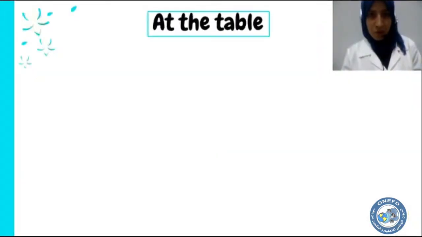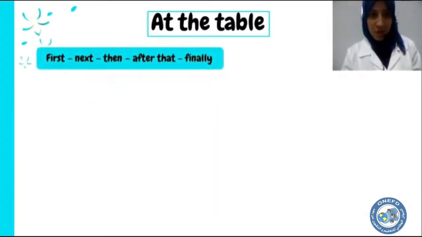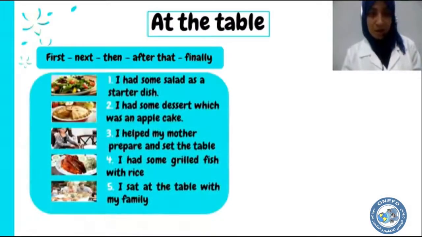Now you are going to write the 5 activities we have seen in a chronological order using the following chronological markers. We have first, next, then, after that, and finally. Here are our 5 activities. Please try to reorder them and try to use chronological markers to do so. You have 2 minutes.